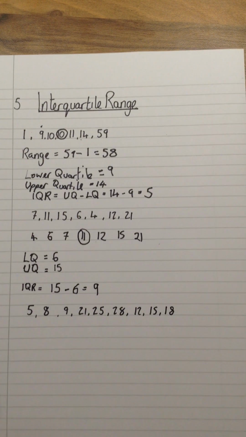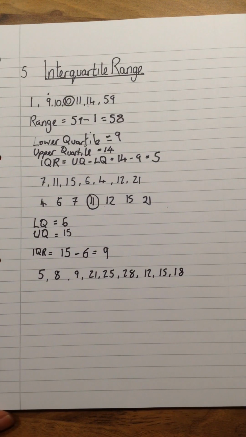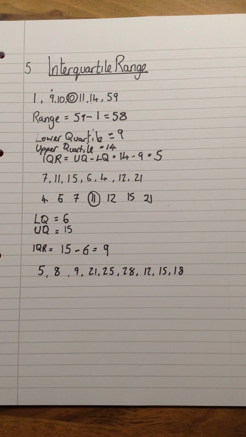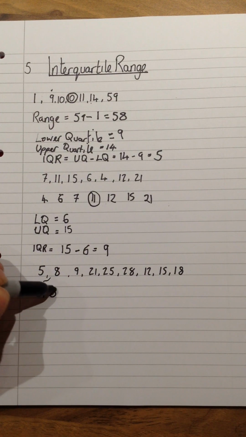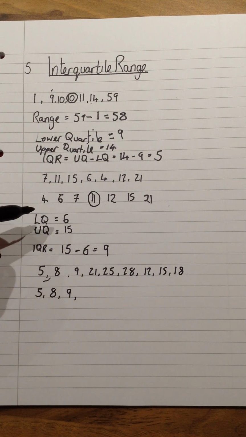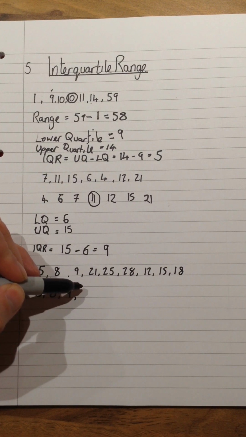Let's have a look at one quick example where that isn't always the case. Here we've got another list of data. First step, as before, is to put all of these numbers in order. You can put these smallest to largest, or largest to smallest. This way is a little bit easier because then the lower quartile will be to the left of the median.